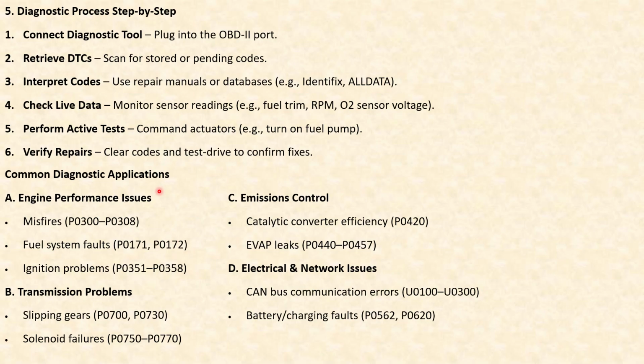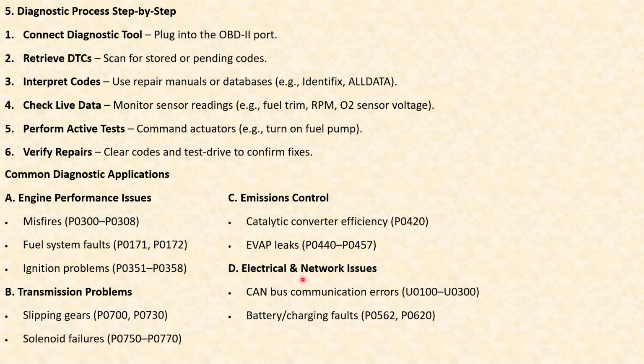Okay, now what are the basic or more common diagnostic applications? Engine performance issues, whether it is misfiring or fuel system faults or ignition problems. And when it comes to transmission, whether it is a slipping gear denoted by P0700 or P0730, or solenoid failures like P0750 or P0770, or whether it is emissions control, catalytic converter efficiency, evap leaks.